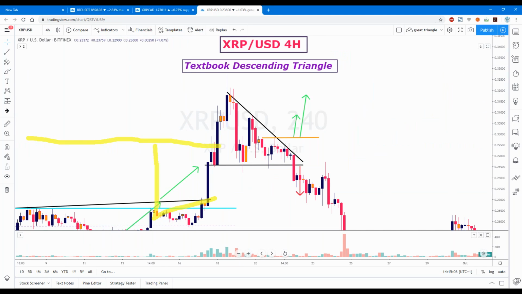So again, here, our width would not be here. Our width would be measured from here. And this is the base of the triangle.